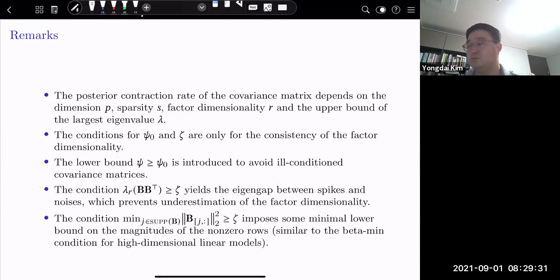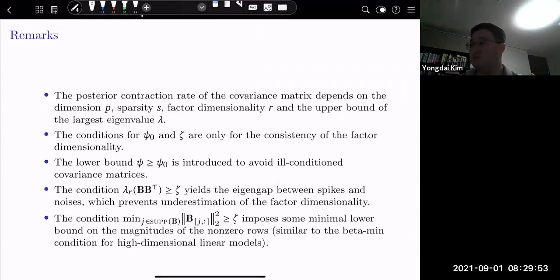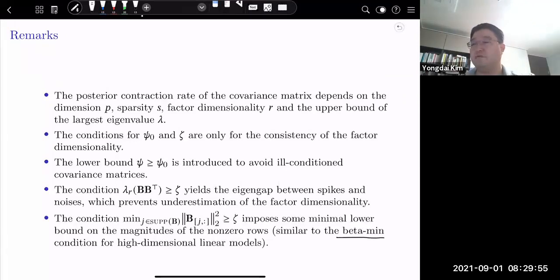The condition that the smallest eigenvalue is lower bounded by zeta is the eigengap between spikes and noise, which prevents underestimation of the factor dimensionality. Also, the last condition, that the L2 norm of the non-zero row vectors is lower bounded by zeta, is similar to the so-called beta-min condition for high-dimensional linear regression models. So all the conditions are very general and natural.